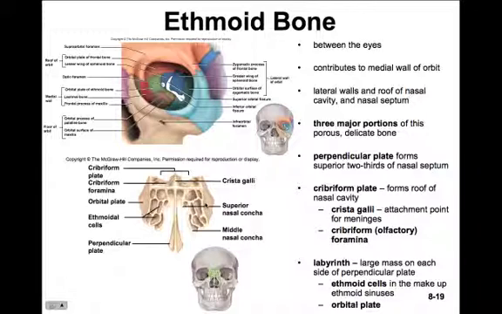This labyrinth in here is the largest mass on either side of the perpendicular plate. In there are ethmoid cells. These are air spaces that make up the ethmoid sinuses. We'll also see the orbital plate. This is the part that we see inside the orbit right here.